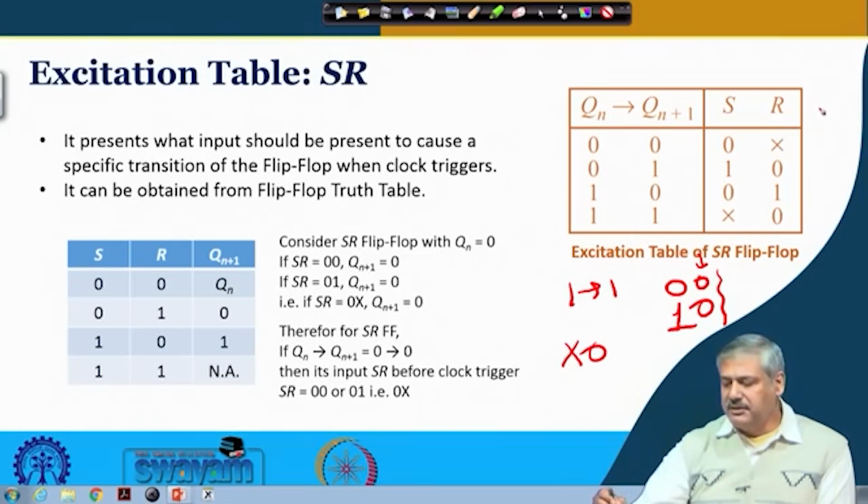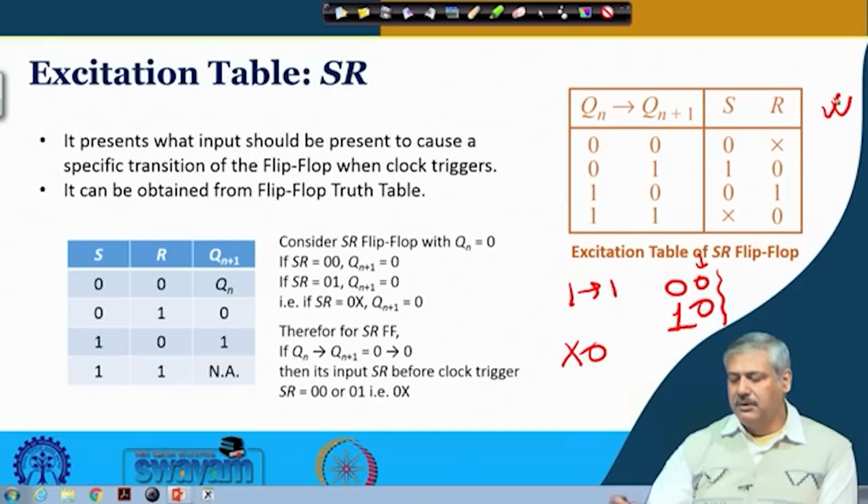So the excitation table of the SR flip-flop looks something like this. It is a rereading of the truth table or characteristic table, putting it in a different manner. If the circuit has to move from one state to another, and the states are represented by individual elements which are flip-flops, then to make certain changes happen, what should be present at the input?